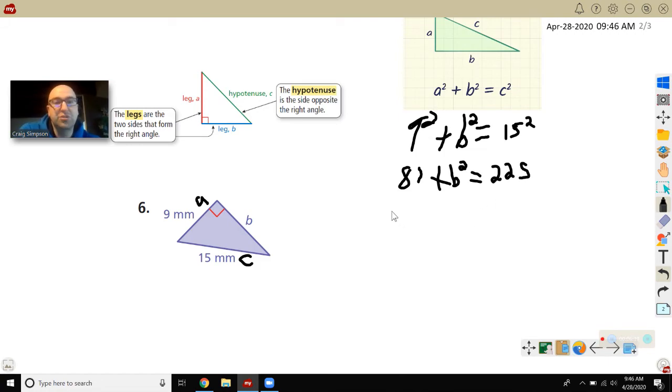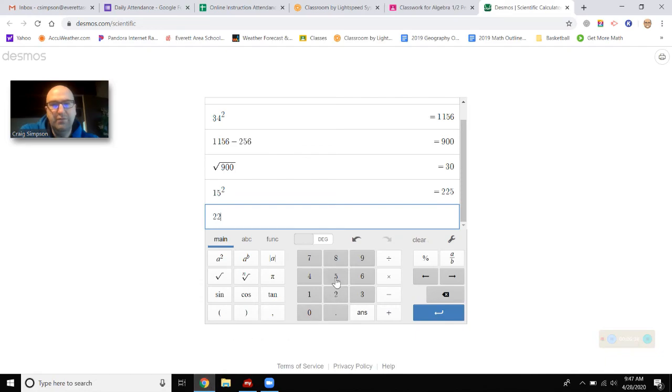We're going to subtract 81 from both sides, just like we would solving a regular equation. That leaves us with our B squared on the left side of the equal sign. 225 minus 81 is 144.